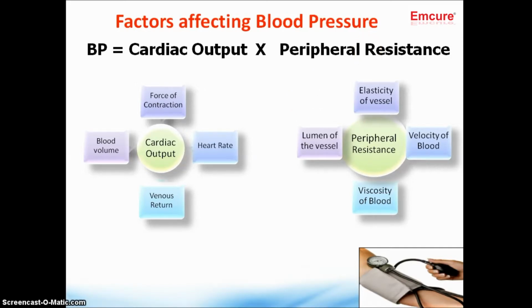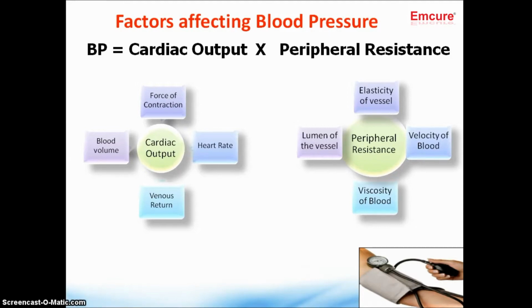The factors which control peripheral resistance are lumen of the vessel, elasticity of the vessel, velocity of blood, viscosity of blood. And when we talk about blood pressure, it is all these 8 factors which come into play and affect the control of blood pressure.